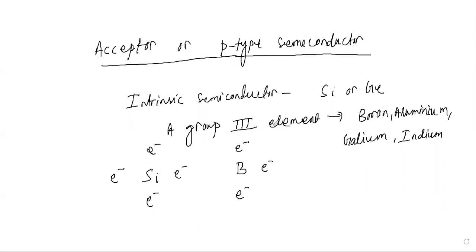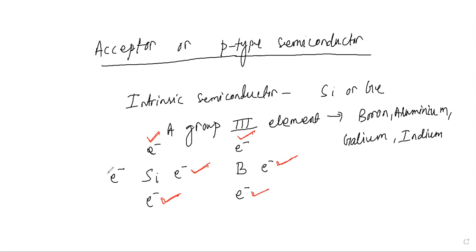The same way as we discussed, these atoms will share their electrons to form covalent bonds. This electron will pair with this electron, and this third electron with this one. They form covalent bonds.